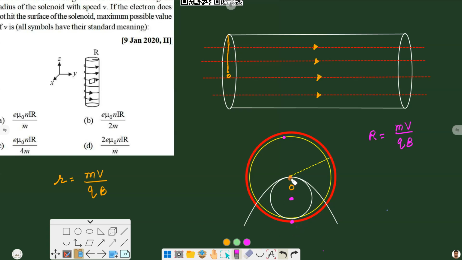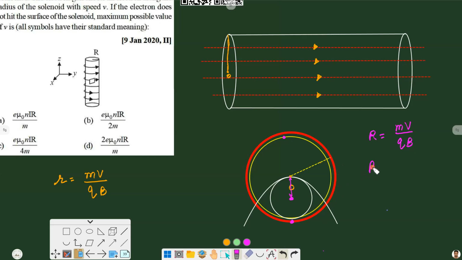So in this path, it will strike the surface of the solenoid. So the only possible scenario for this electron ejected at point A to move in a circular orbit is to move in a circle of radius r/2, so that it can complete a circular revolution without touching the surface of this solenoid.